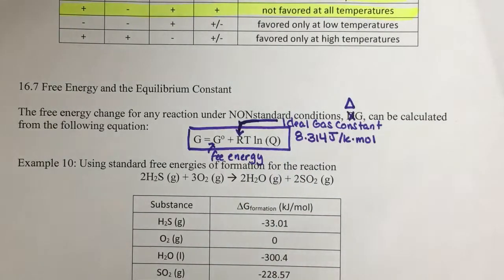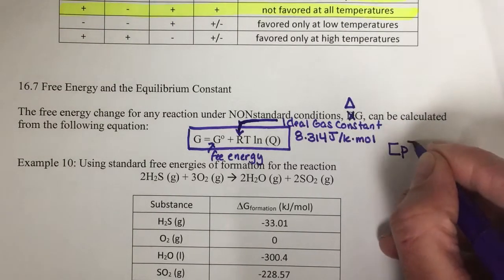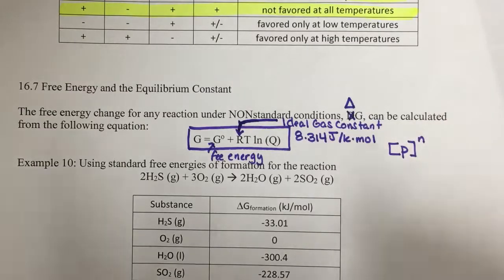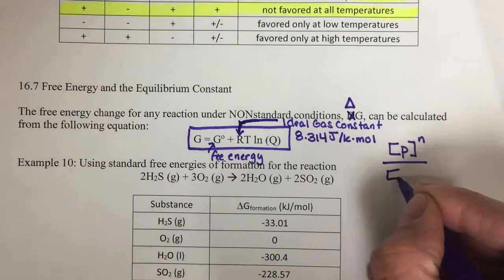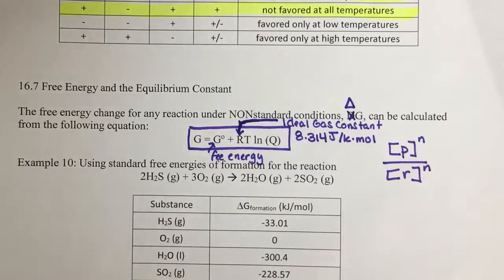Now Q we talked about before. Q is going to be our ratio. It's like KEQ. KEQ was at equilibrium. Q was at whatever conditions we have. So our Q is still the concentration of our products raised to the coefficient over the concentration of our reactants raised to the coefficients.